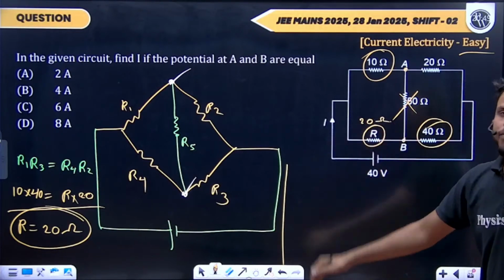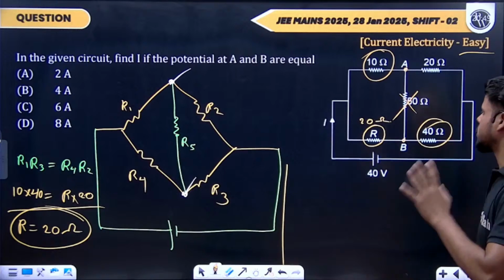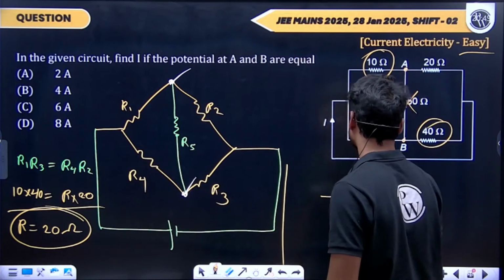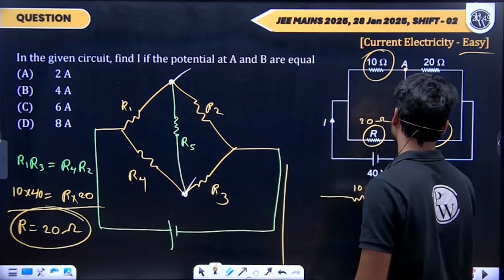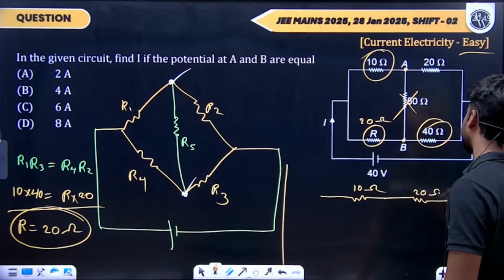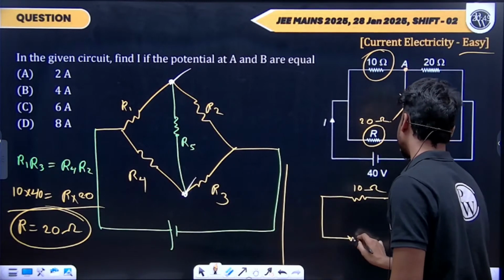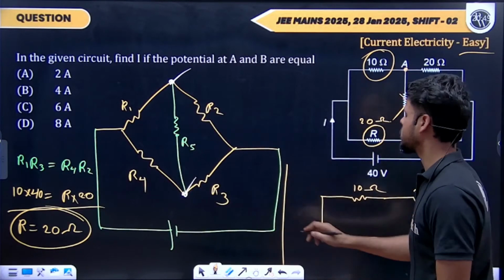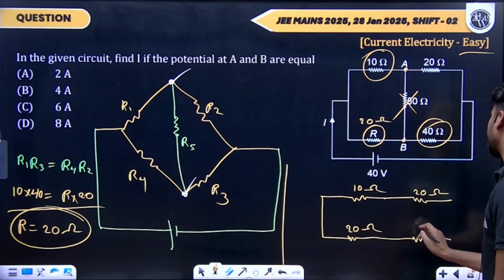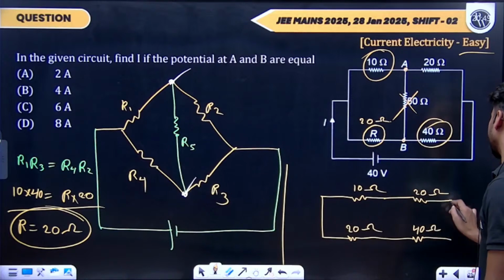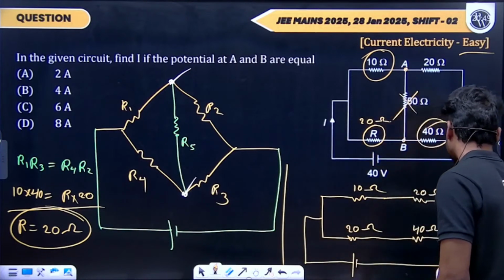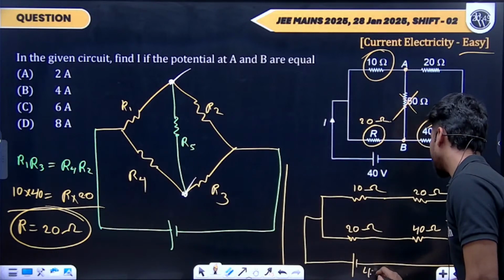Now we can further simplify this circuit: this will be 10 ohm, in series with it a 20 ohm resistor, in parallel with it R, which comes out to be 20 ohm, and one more resistance, which is 40 ohm. And the complete circuit is connected to 40 volt.